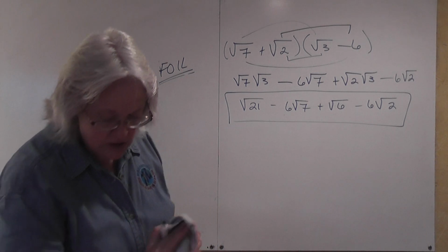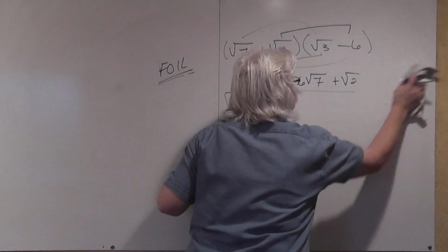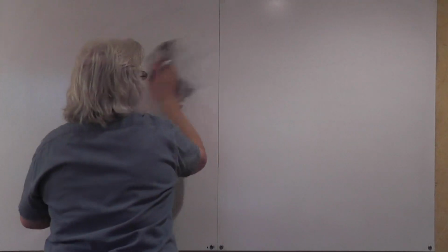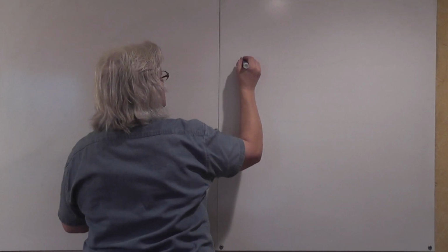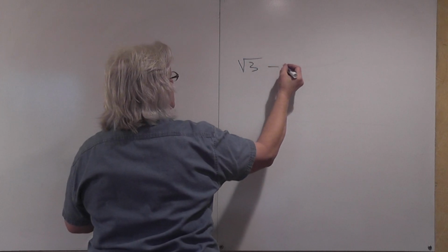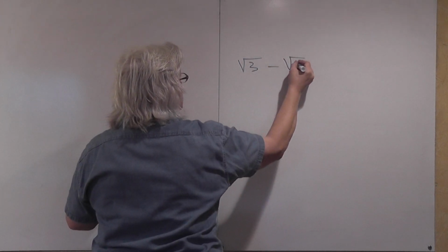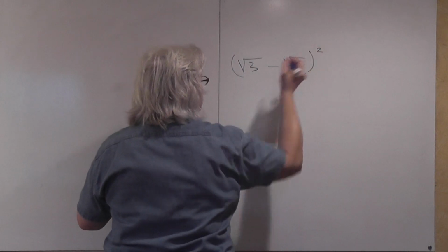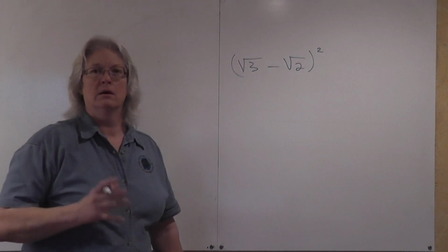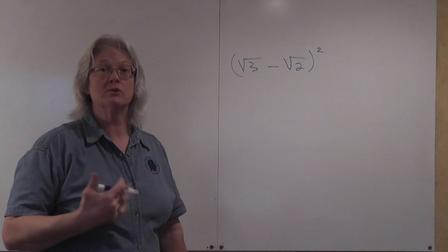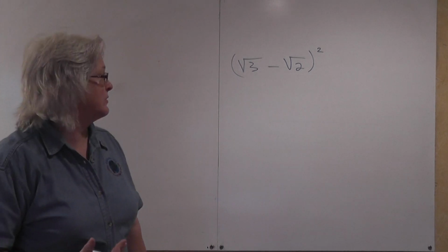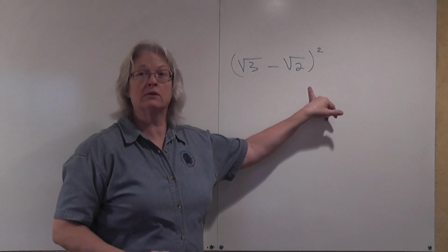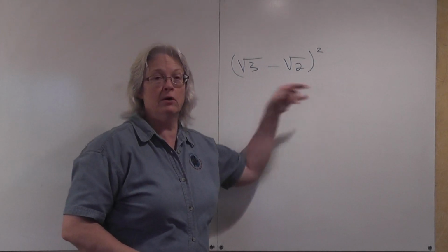Square root of 3 minus 2 squared. Again, not polynomials, but you treat them as though they are polynomials, where we have a perfect square trinomial.